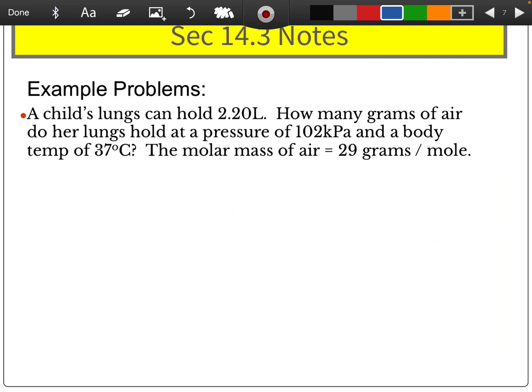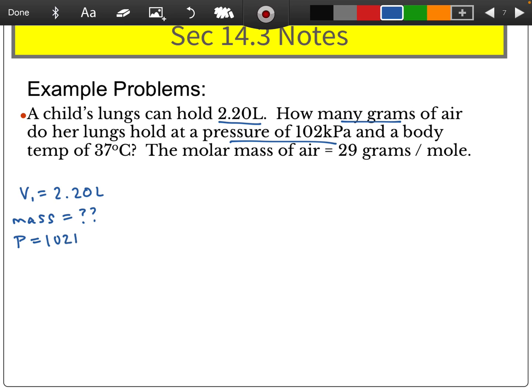All right, so let's look at this last problem. Again, we're going to write down what's given. So a child's lung can hold 2.20 liters. So liters is a volume. We want to know how many grams. So we want to know a mass. This will be a tricky one. Of air do her lungs hold at a pressure of 102.